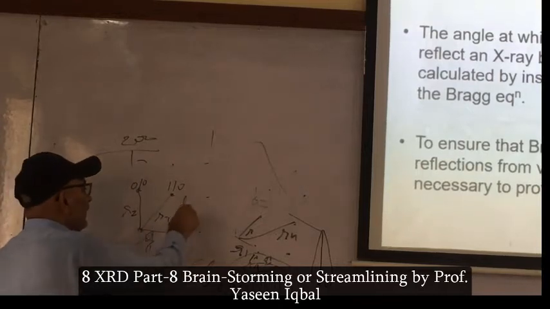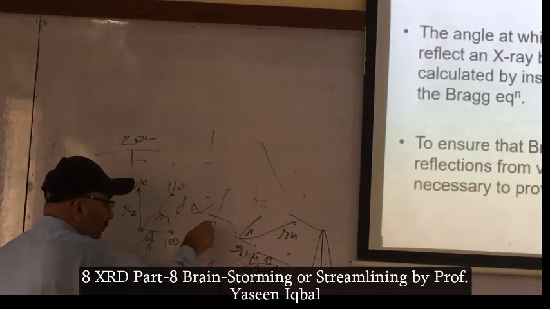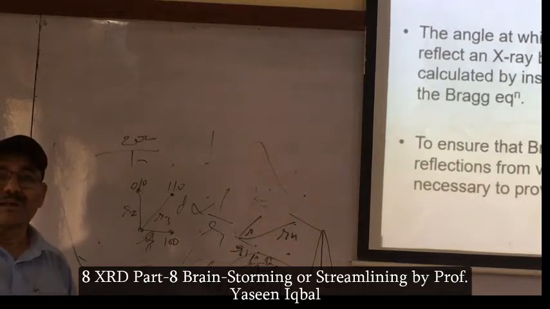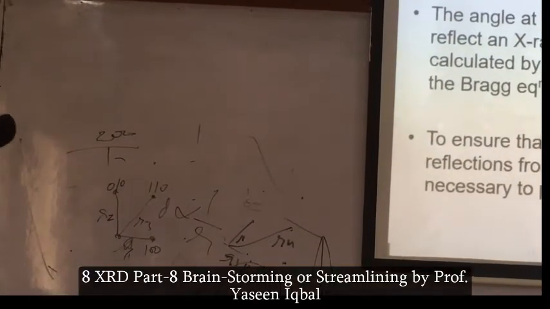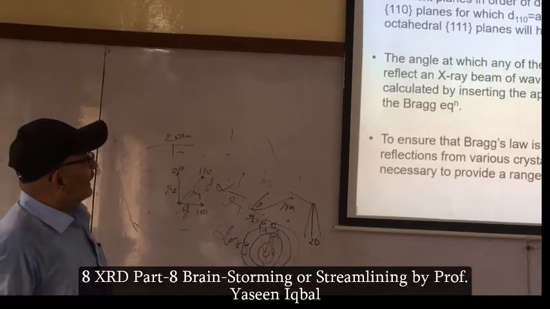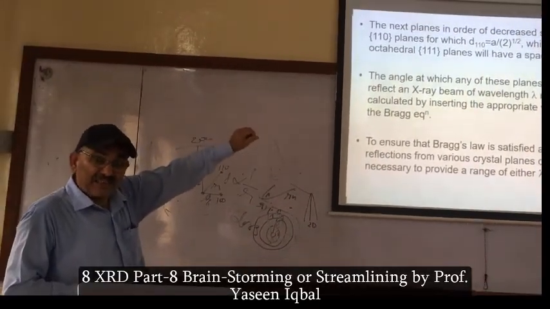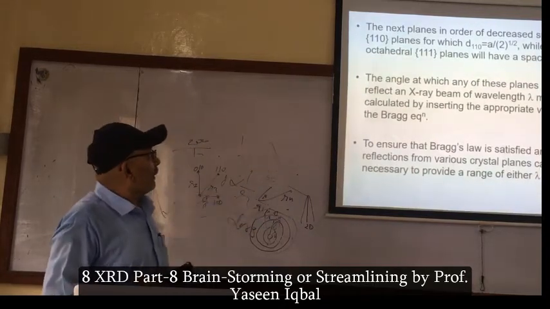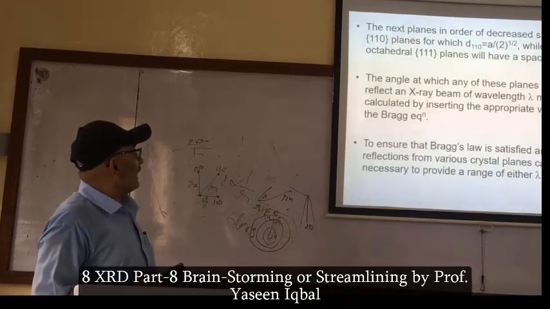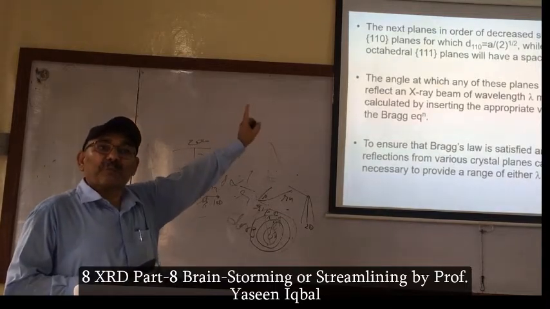And D is inversely proportional to R. Right? So that plane will become nearer. The next decreased spacing. Decreased spacing means nearer. Right? Will be 100 planes, 100 planes.